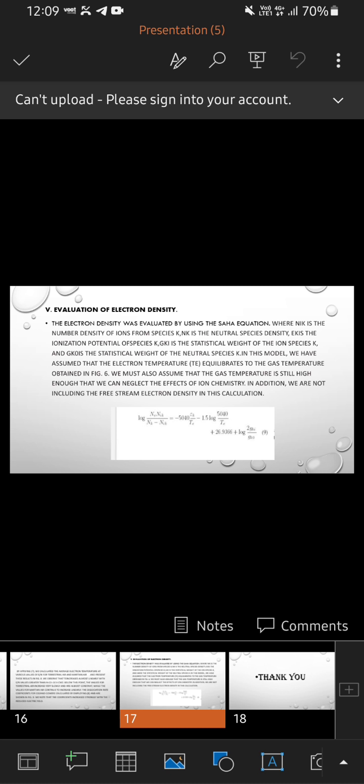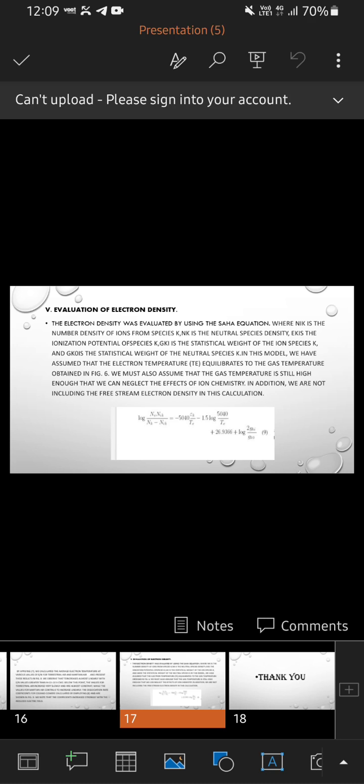Fifth, evolution of electron density. The electron density was evaluated by using the Saha equation, where nik is the number density of ions from species k, n0k is the neutral species density, Ik is the ionization potential of species k, gk is the statistical weight of the ion species k, and g0k is the statistical weight of the neutral species.